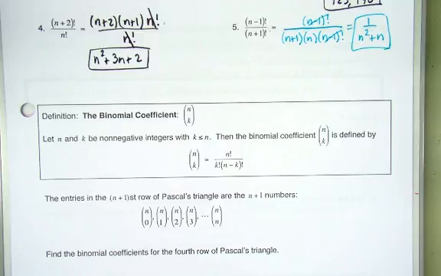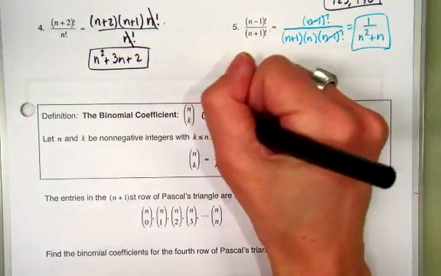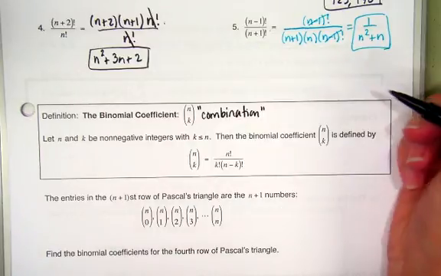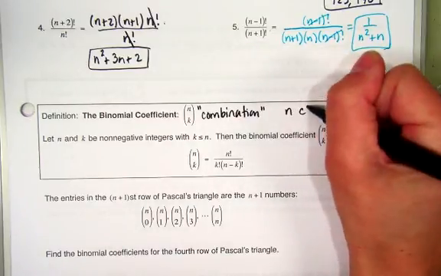And so the binomial coefficient is defined as n over k, and we actually call this symbol with these parentheses a combination symbol. So again, this is a little probability for you. The way we read it is n choose k.